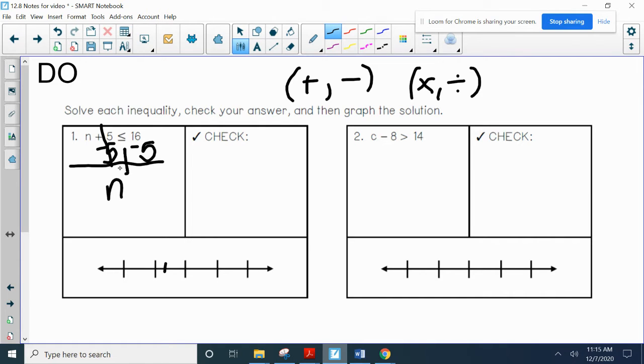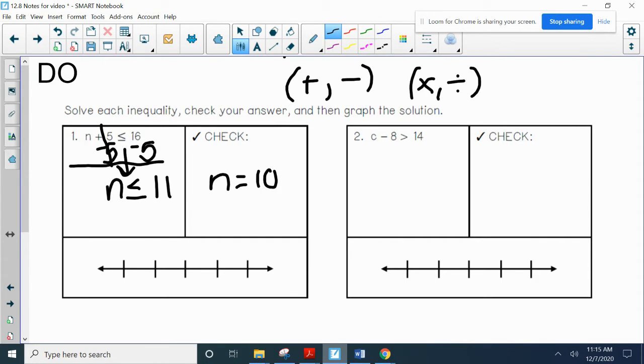And like an equation, when we bring down our equal sign, we're just going to bring the inequality down exactly how it is. And then 16 minus 5 is 11. So what we have is n is less than or equal to 11. So let's pick a number less than 11 to check it. Let's say n is 10. Is 10 less than 11?